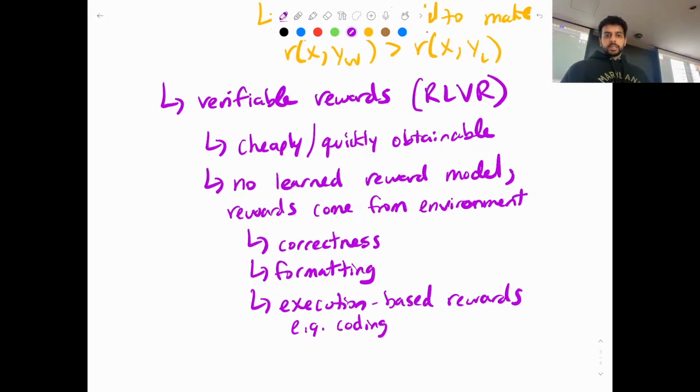All right, so at this point, we have these different RL algorithms, and we have these two high-level categories of rewards, and we can mix and match any of them. That said, GRPO was proposed with the idea of using it with verifiable rewards.